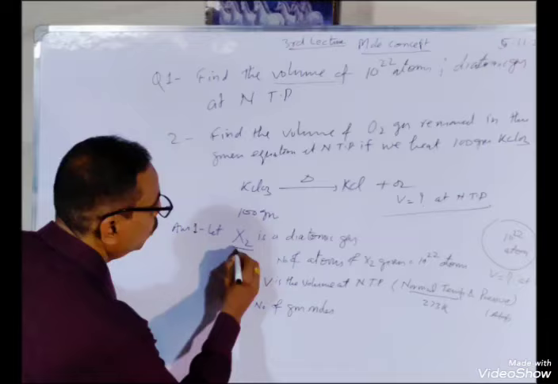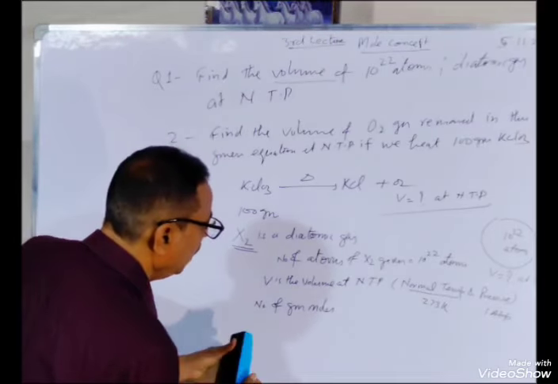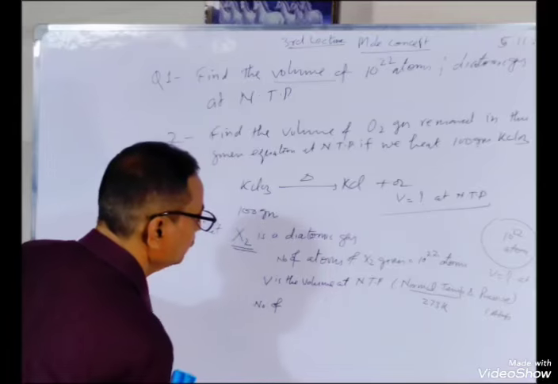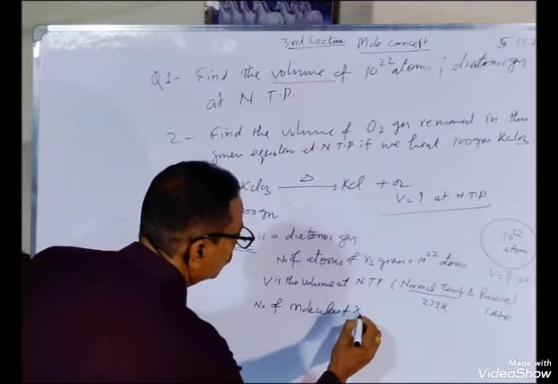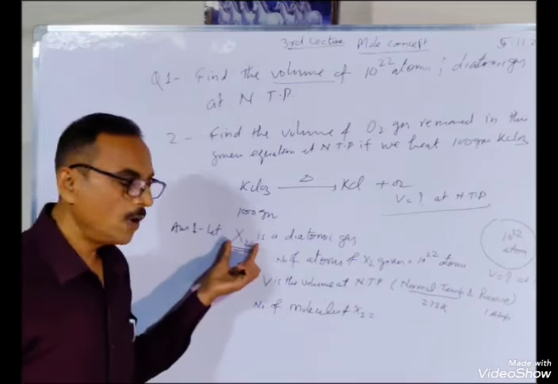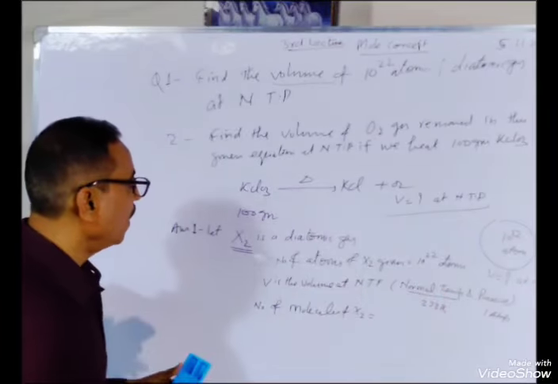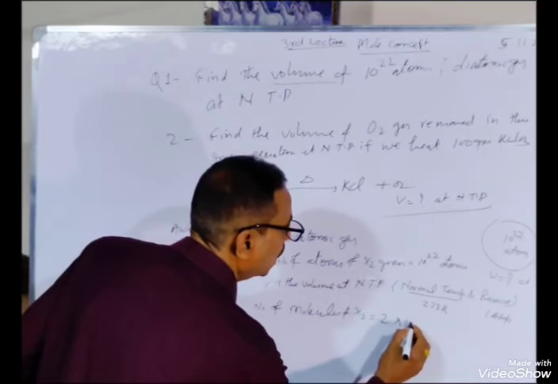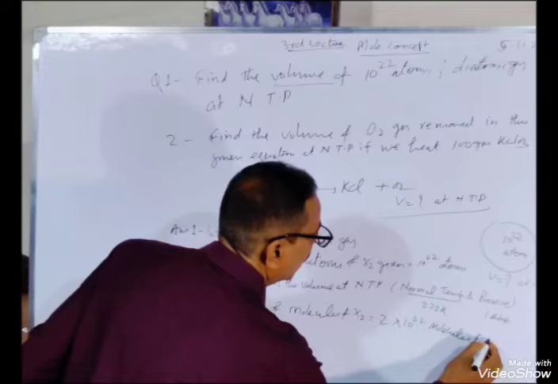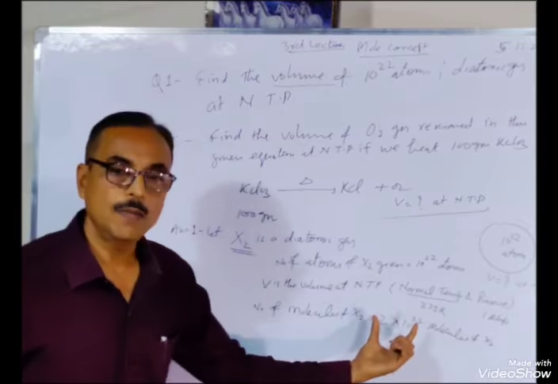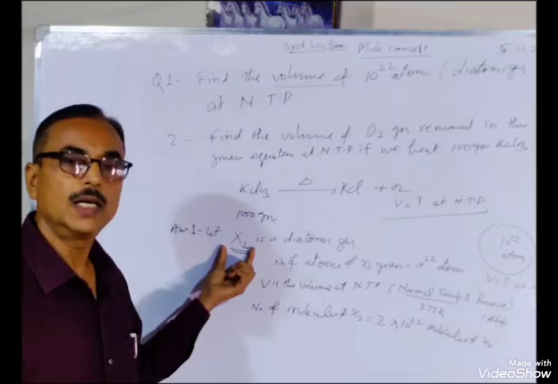X2 मॉलिक्यूल कंटेन 2 एटम. सो नंबर ऑफ ग्राम मोल से पहले वी हैव टू कैलकुलेट द नंबर ऑफ molecules of X2. Since one molecule contains 2 atoms, if the number of atoms is this, the number of molecules will be 2 into 10 की power 22 molecules. These are the molecules of X2, because one molecule contains 2 atoms.